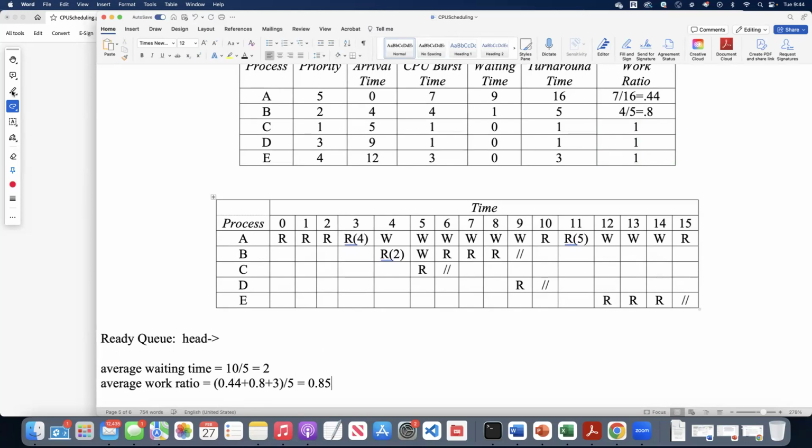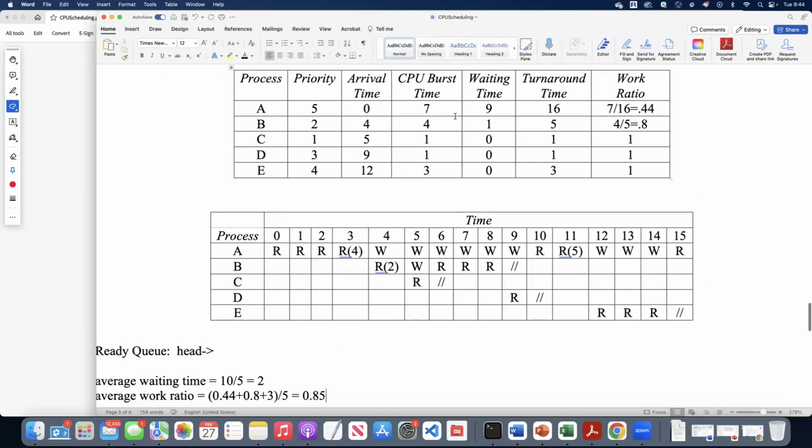Now from this example, we can see process A has the lowest priority. The waiting time of process A is longer than other processes. Process C has the lowest priority value, so C has the highest priority, and its waiting time is 0.